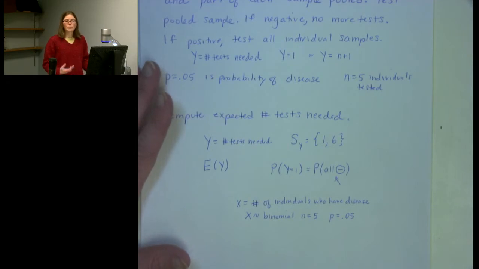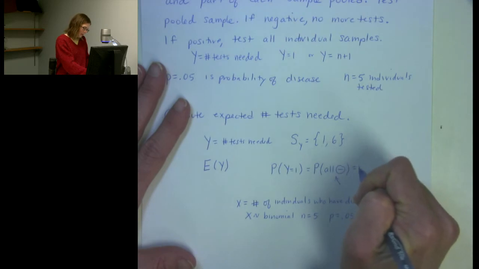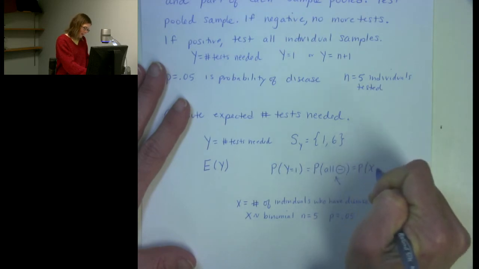If we're willing to assume independence from person to person, then we have this binomial distribution. So the probability that Y equals 1 is the same as the probability that X, our binomial random variable, is equal to 0.